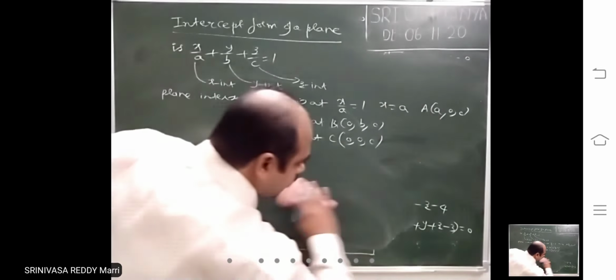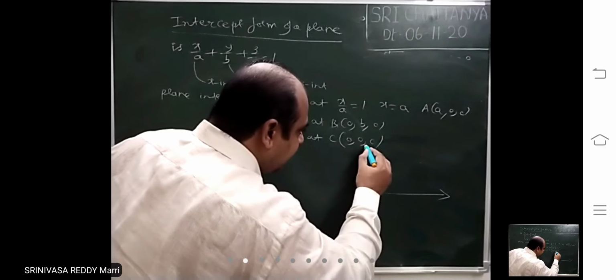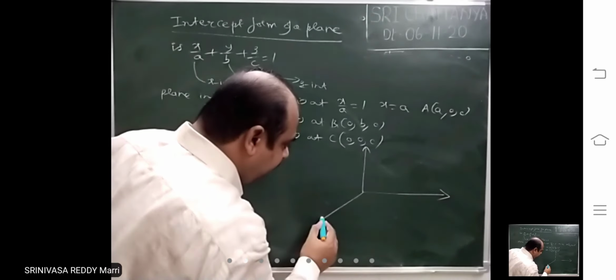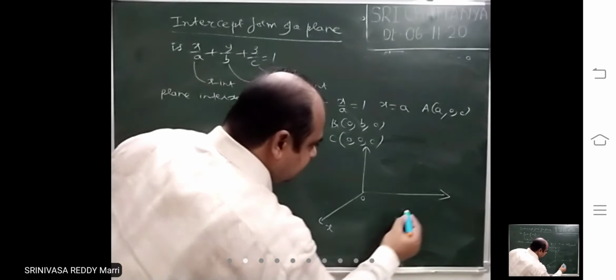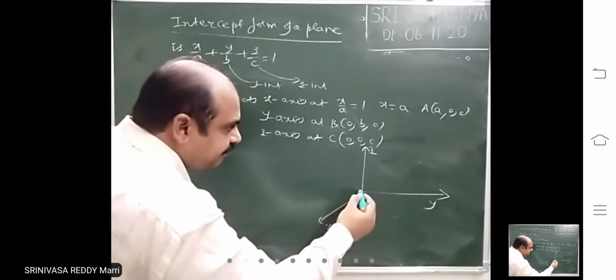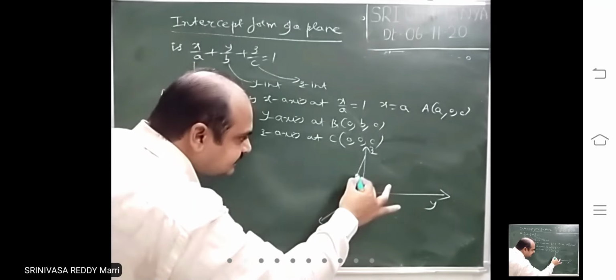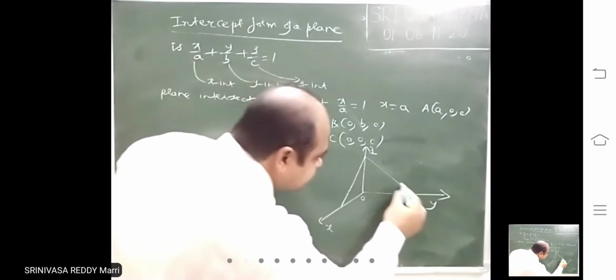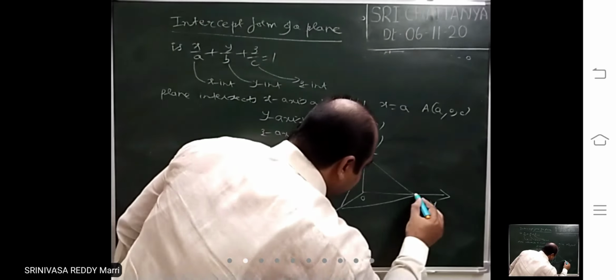Look, the plane will be like this. If it is in intercept form, the plane will be like this: Ox, Oy, Oz. You draw the plane intersecting the x-axis, y-axis and z-axis like a triangle.